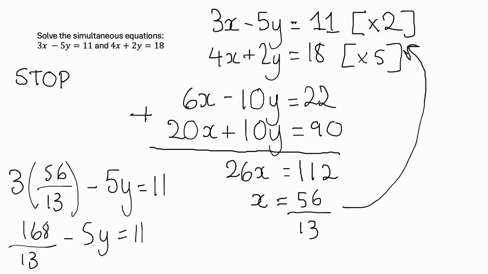Okay, to eliminate that 168 over 13, we have to subtract on both sides. So you do 11 subtract that, which we get as minus 5y is equal to minus 25 over 13.